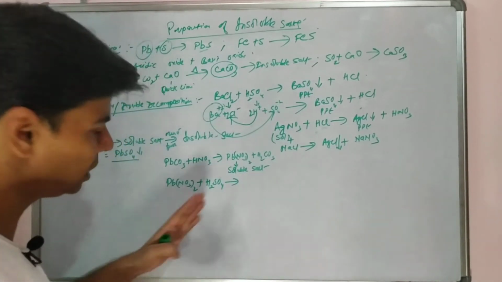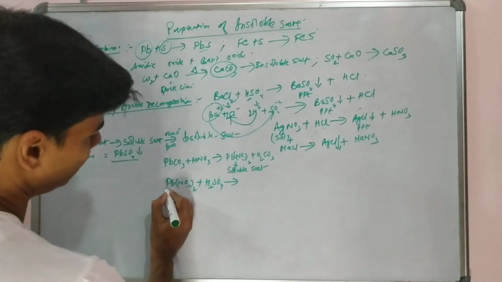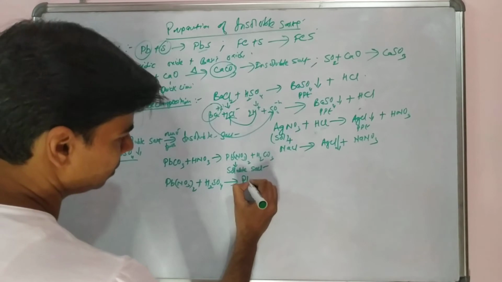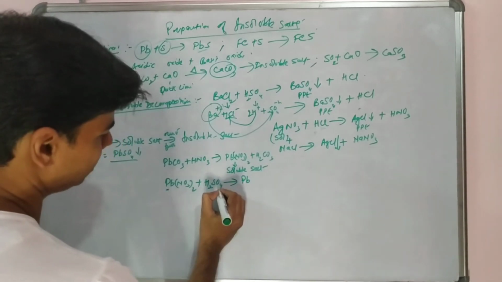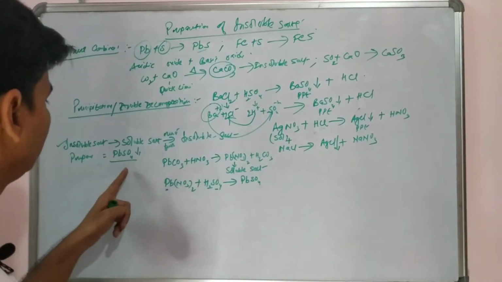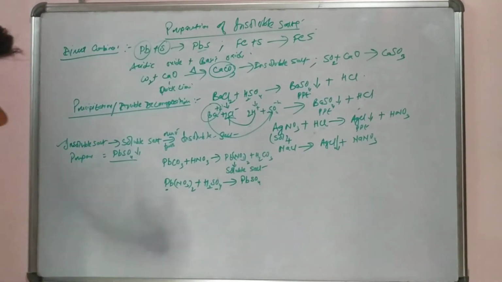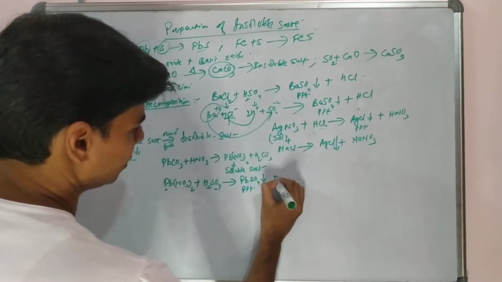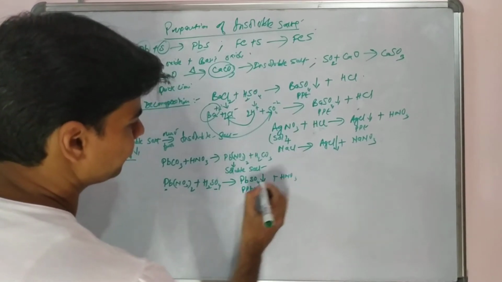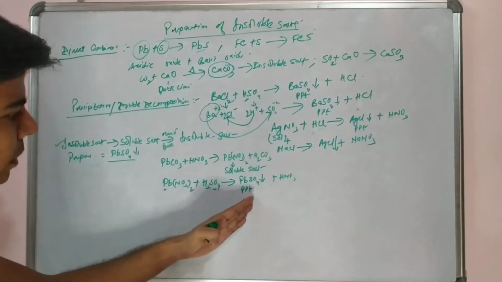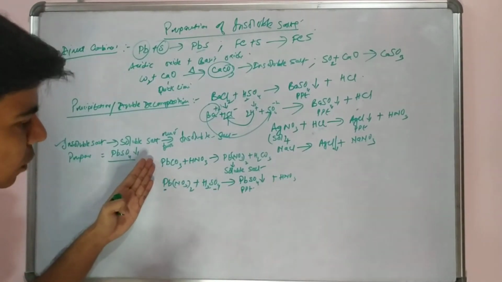It's a double decomposition reaction wherein the positive of this will react with the negative of this. That is, lead will react with sulfate, it will give you PbSO4, and this is what we were trying to prepare, lead sulfate. This would be a precipitate plus HNO3.